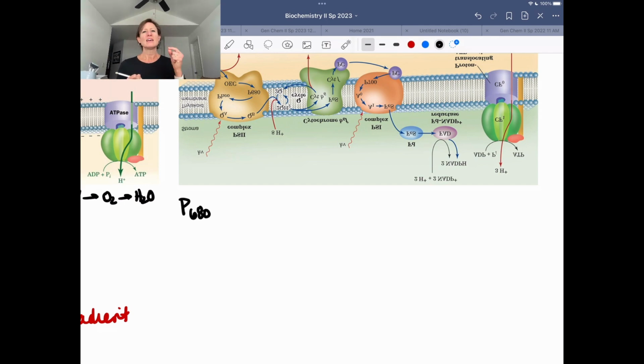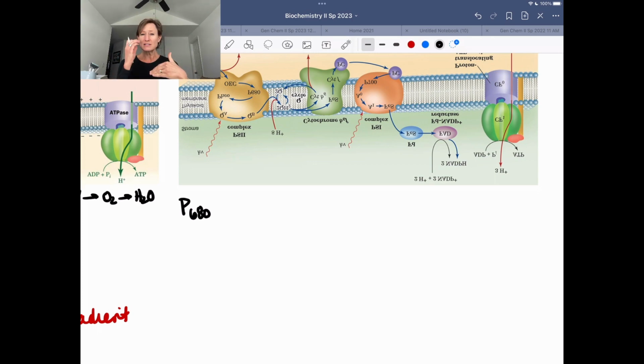So P680 is a chlorophyll that's found in chloroplasts. The 2 main chlorophylls that we're going to talk about are P680 and P700. Those numbers have to do with the wavelengths of light that they absorb energy from, so 680 nanometers and 700 nanometers.